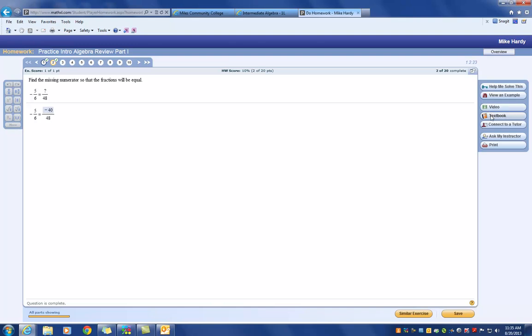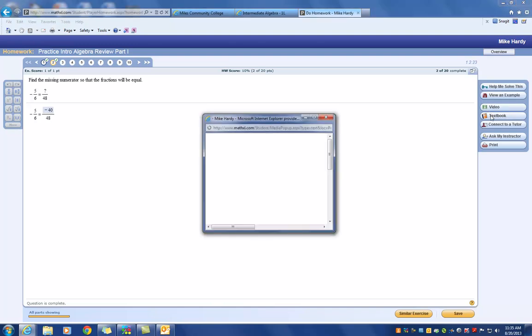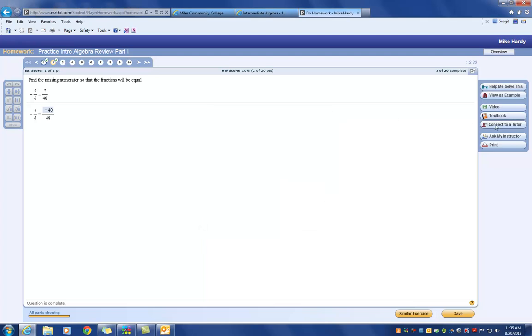The section of the textbook, this will take you to the section of the textbook where this problem or problems like it came from, and you can read through and find out what's going on there. Connect to a tutor. Unfortunately, I think they want you to pay for that. They may have a free trial with this. You might try it sometime, see what happens. We have another tutoring service that's available online and free that I'll be talking about in the next 2 weeks. It's called Homework Montana. So we'll talk about that too.